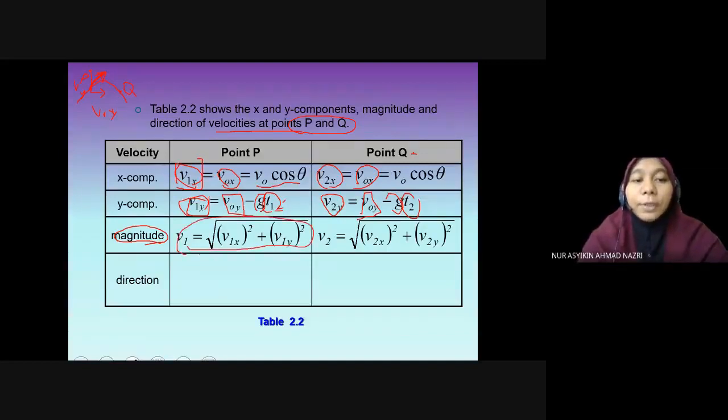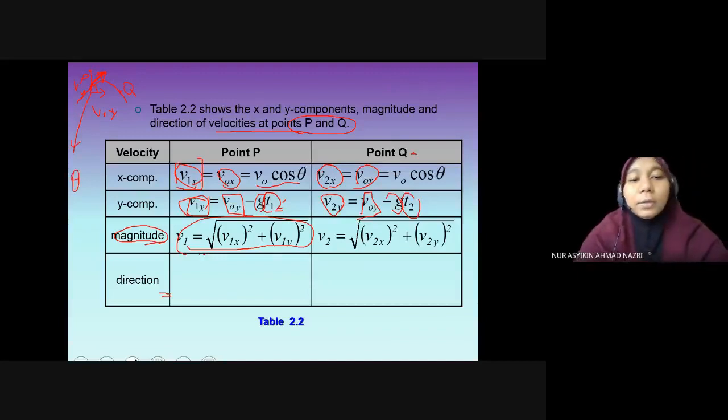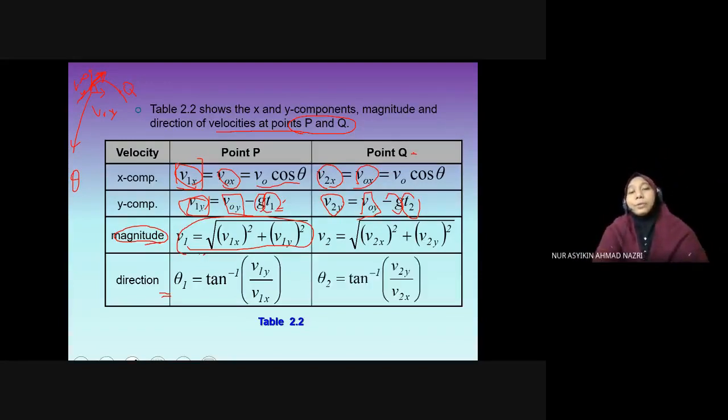Okay, after you find that, then you need to find the direction, so that you can label here what the angle is. Understand? Alright, so simple like that. Still remember? We are still using the equation for the vector. Okay, so nothing strange here.